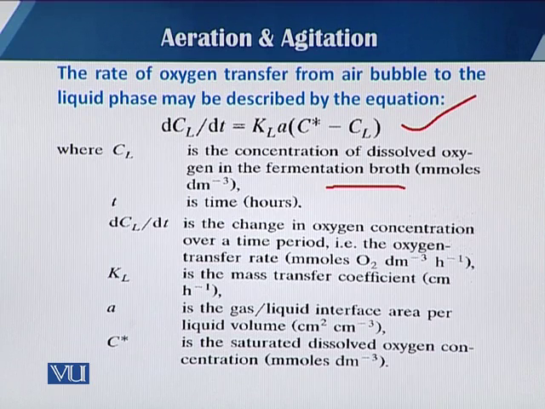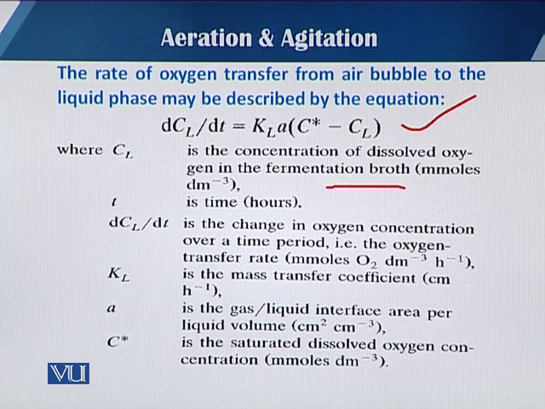Here the sparger makes the air bubble size smaller, and as the air bubble size becomes smaller, there will be more surface area. So A is the gas over liquid interface area per liquid volume.